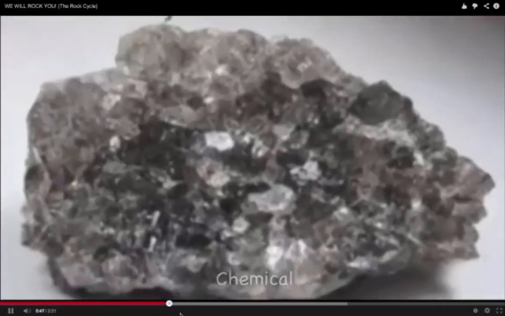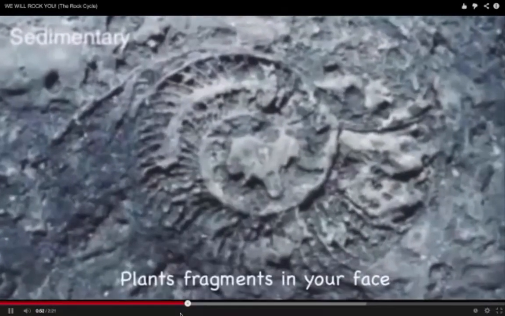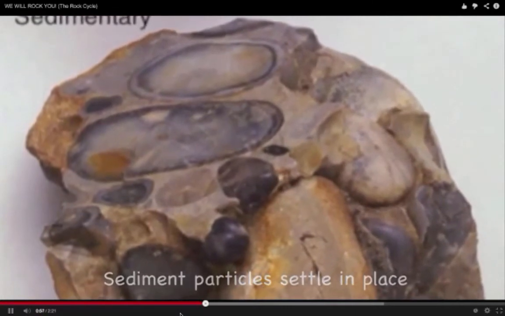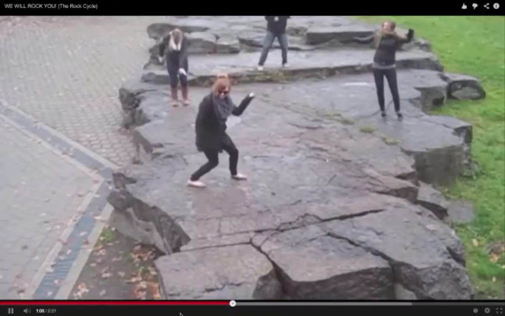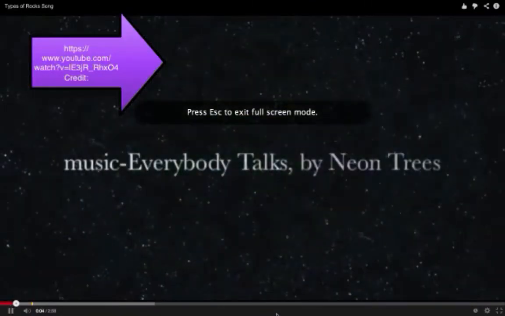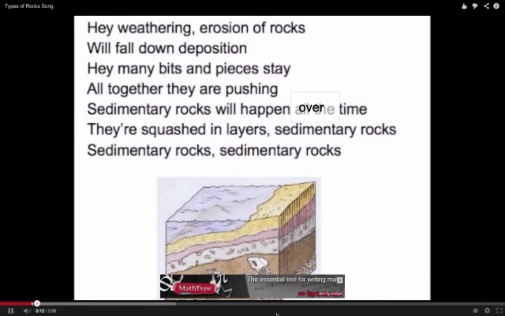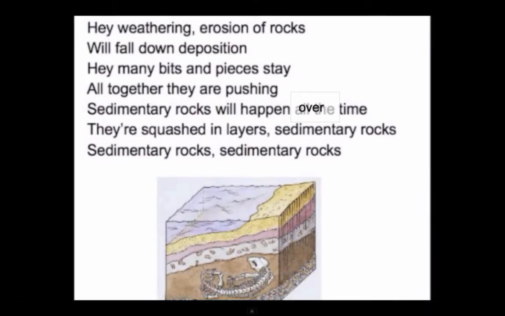Sedimentary rocks form from organic, chemical, and clastic sources. Plant fragments, chemical carbonates, sediment particles settle in place. We will rock you. Weathering and erosion of rocks fall down, deposition. Many bits and pieces stay all together, they are pushing.